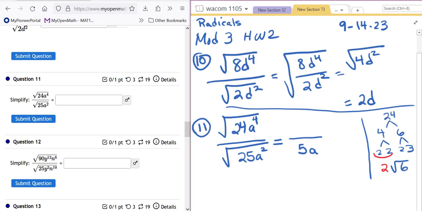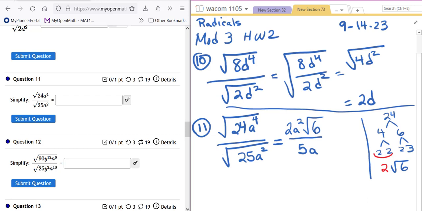For the a to the 4th, that's a perfect power. 2 will go into 4 2 times. So we're going to take a squared outside with the 2. So this will simplify to 2a squared, and we have a square root of 6 here.